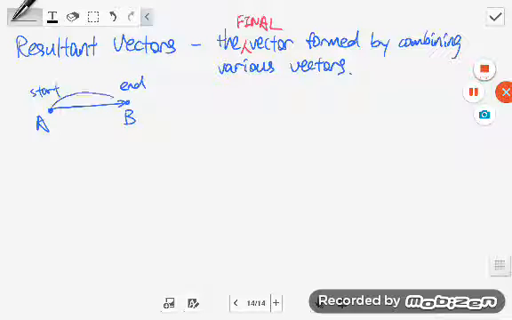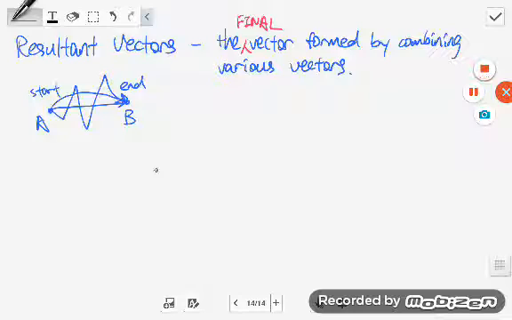It doesn't matter what the path is like, as long as I'm starting from point A and I end at point B, then all of these three different paths would be the same vector. Okay, so resultant vectors will be very handy later on, so we need to make sure we know how to find them. And lucky for us, they are pretty easy to find.